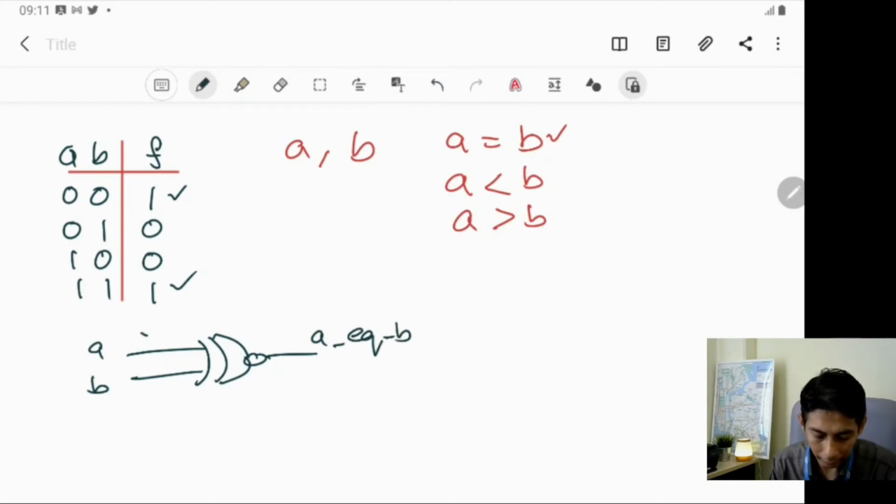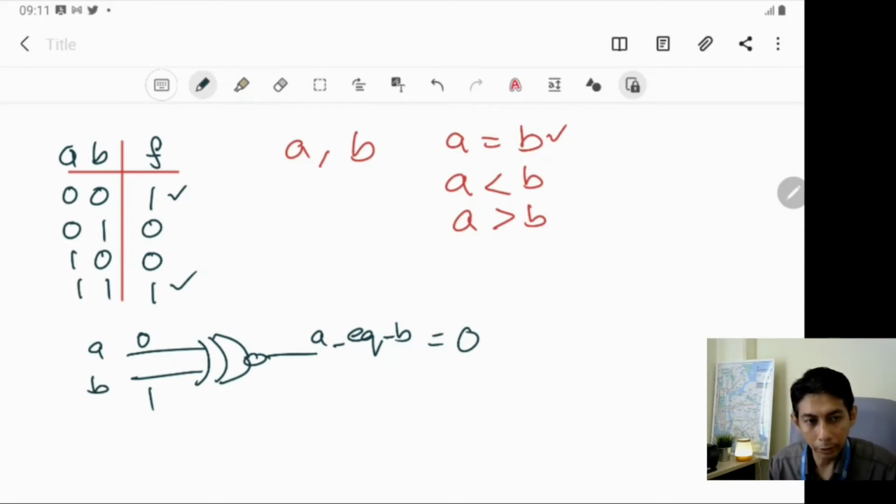In this case, when 0, 0 comes, we know exactly that A equals B because this signal gives you 1. 1 means that, yes, correct, true. The condition is true. And if either one is equal to 1, now our output is equal to 0, meaning that A and B are not equal.